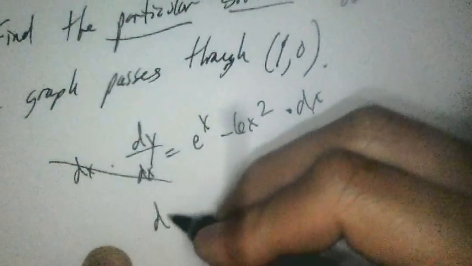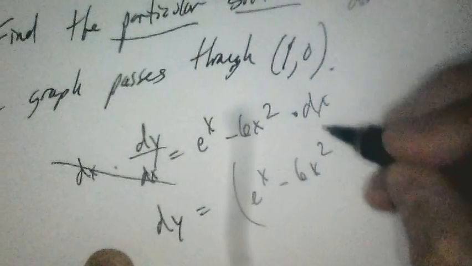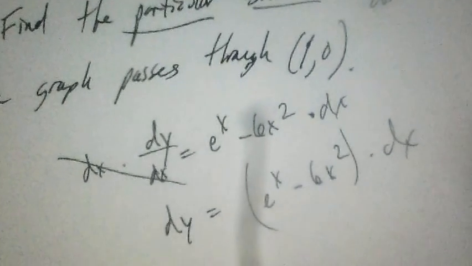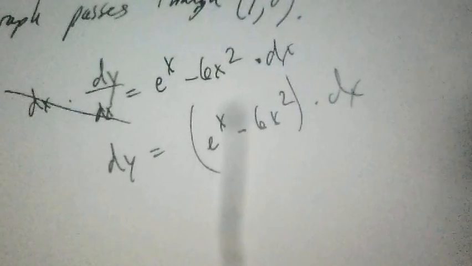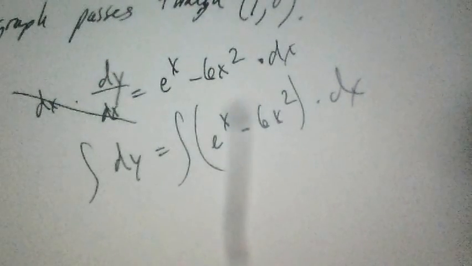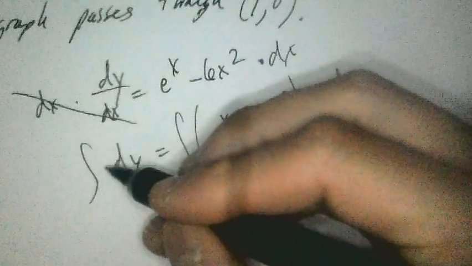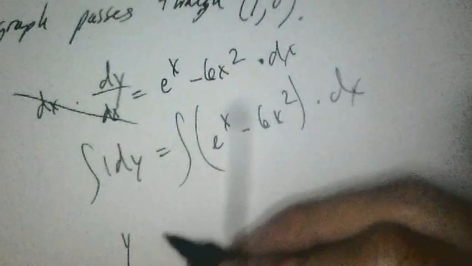And now we're going to anti-differentiate both sides. I'm going to put the integral there. The indefinite integral of dy, or 1 dy, is just y. And then the antiderivative of e to the x is e to the x, minus the antiderivative of 6x squared.